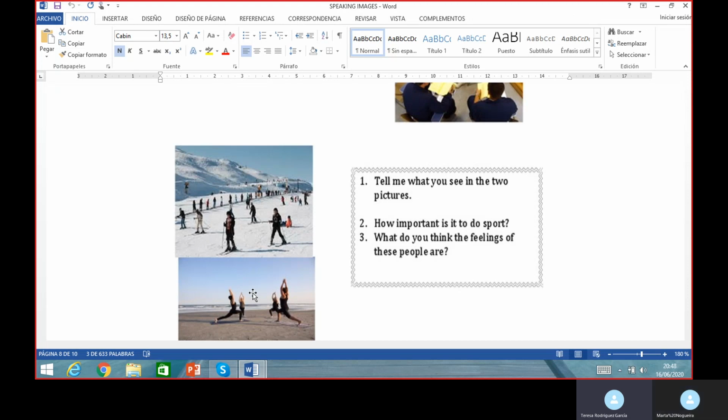In the first picture, we can see a group of people on a ski slope, practicing ski, snowboarding, sports such as that. While in the second picture, we can see a group of people practicing maybe yoga, I think.